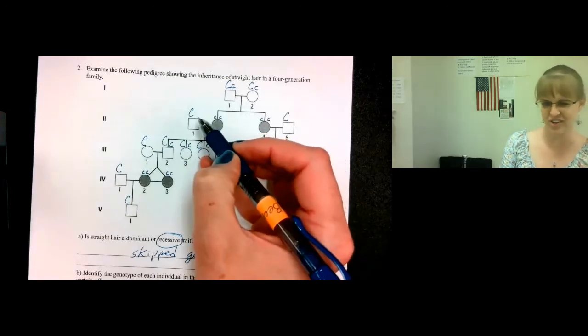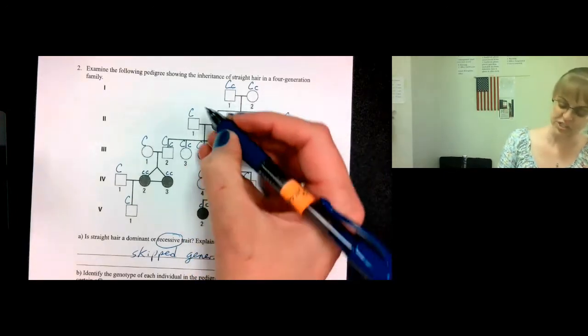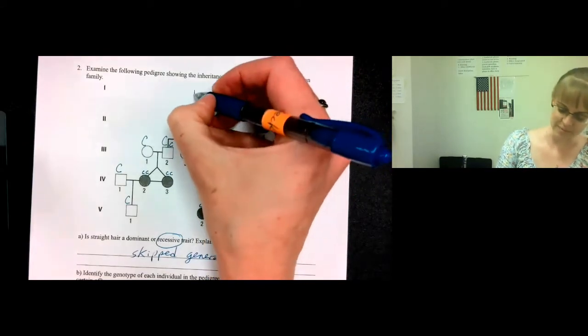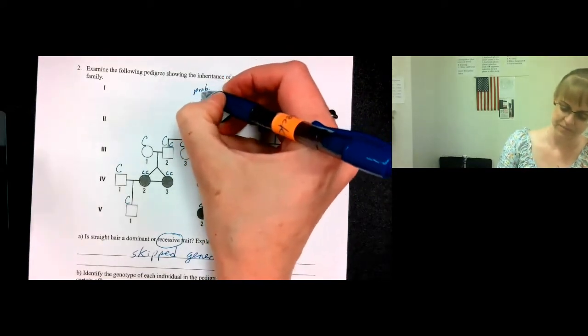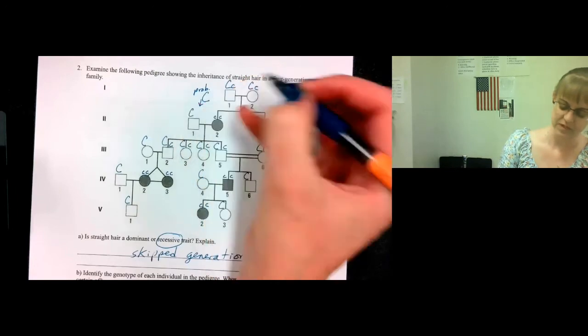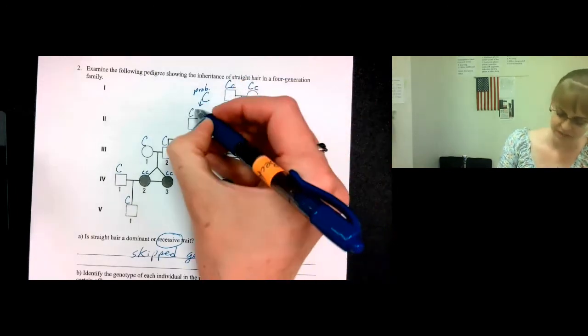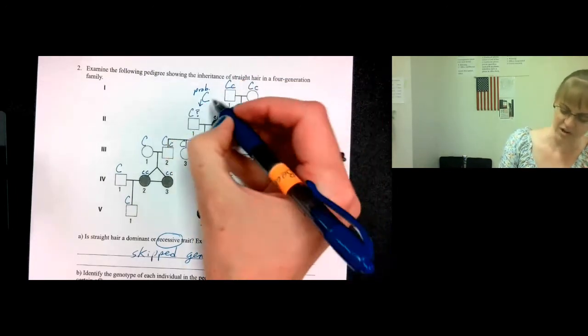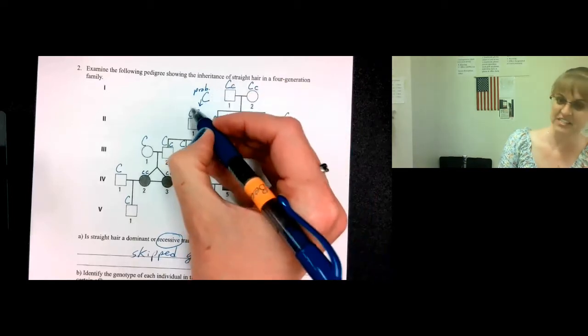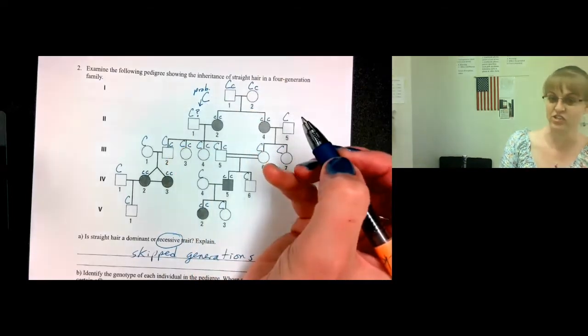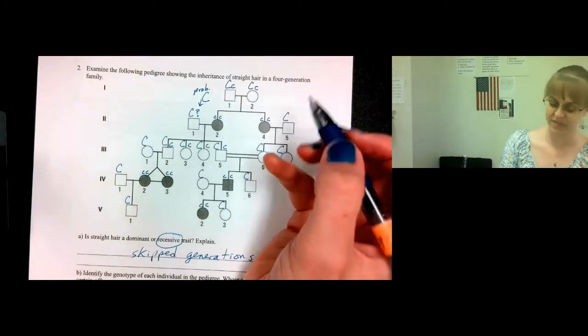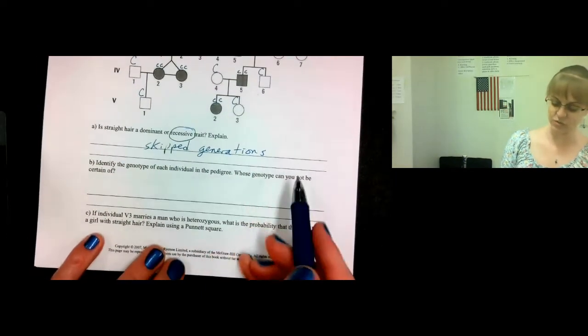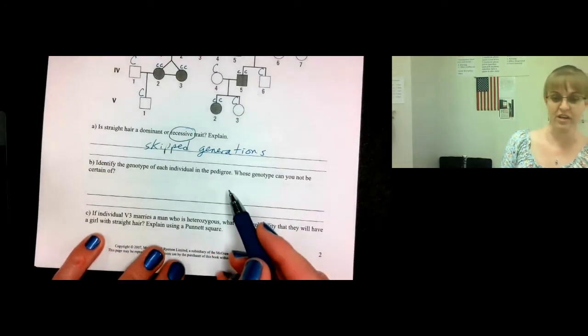But do we know for sure? No. So probably capital C, but not for sure. So we're going to put a question mark. So this C is definite. The next thing is a question. We don't know the second letter. This is one of the individuals of whose genotypes we are not certain.